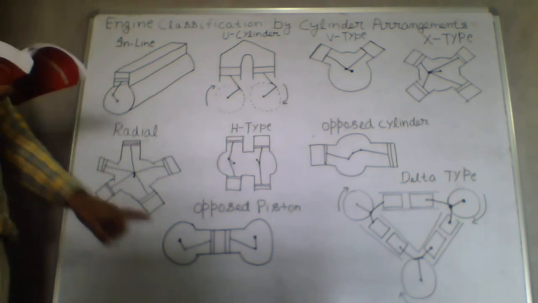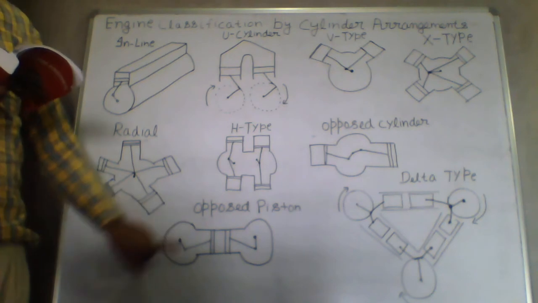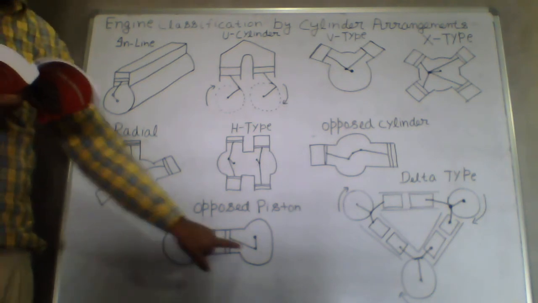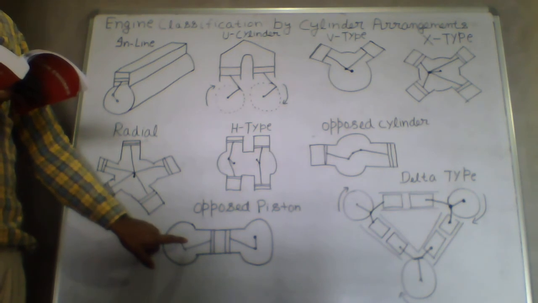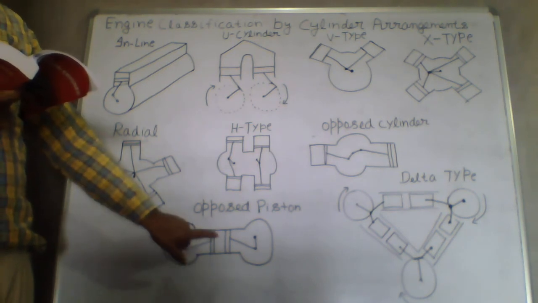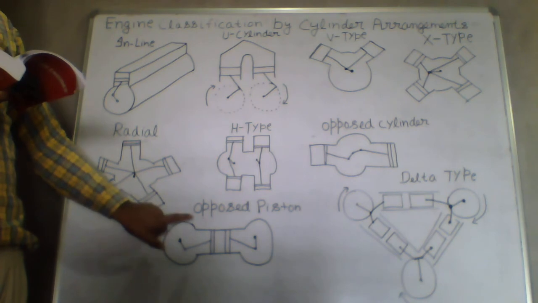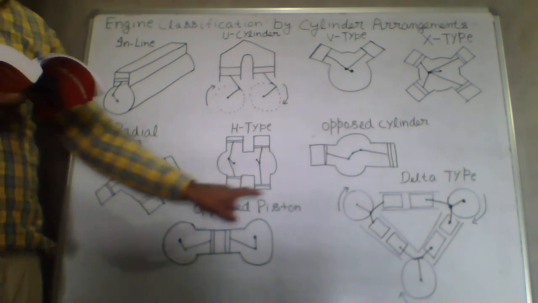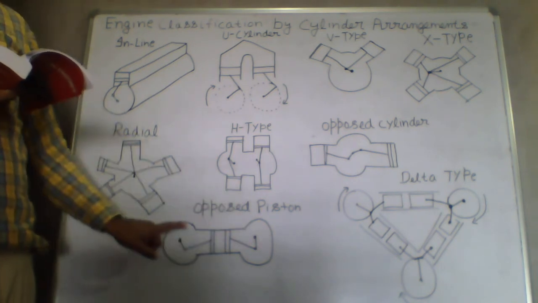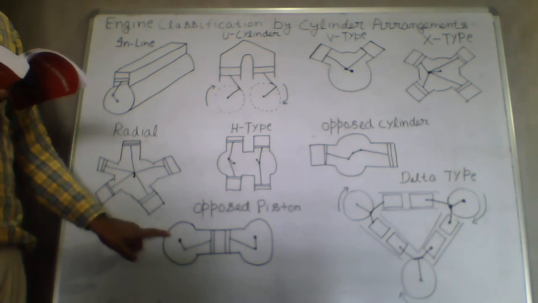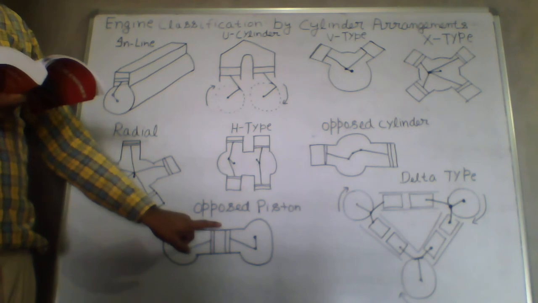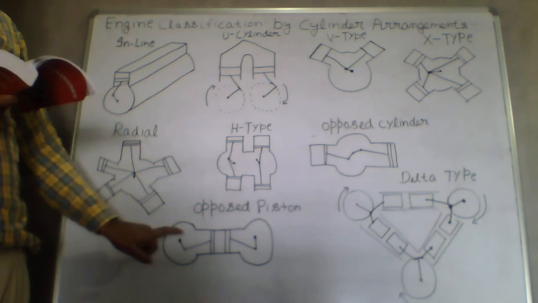Next is the opposed piston engine. You can see here, when a single cylinder houses two pistons, each of which drives a separate crankshaft, it is called an opposed piston engine. The movement of the pistons is synchronized by coupling the two crankshafts.